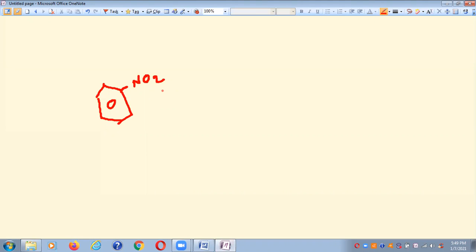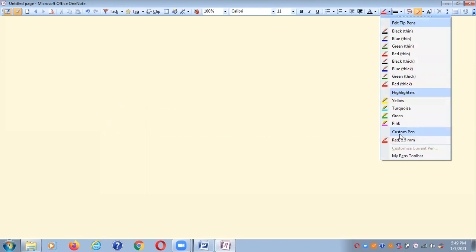Generally we prepare nitrobenzene from benzene. So how? When benzene is treated with nitrating mixture. So what is nitrating mixture? First let me write the equation. This is benzene.